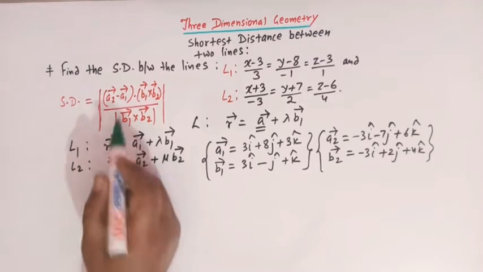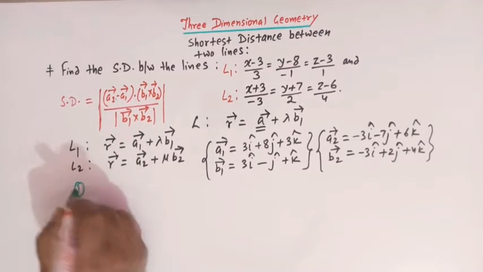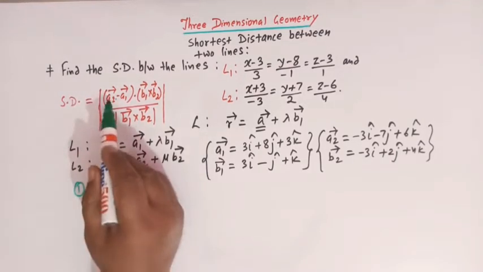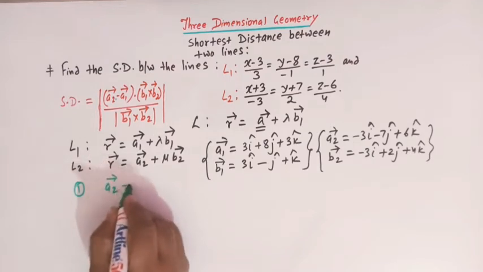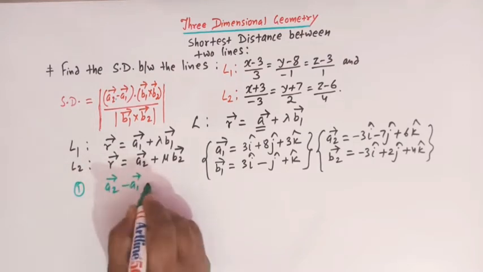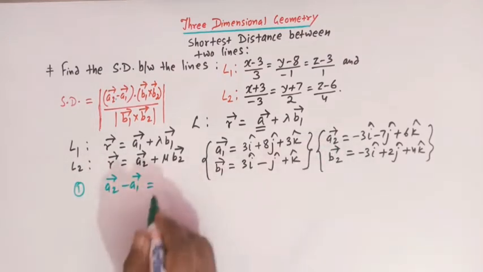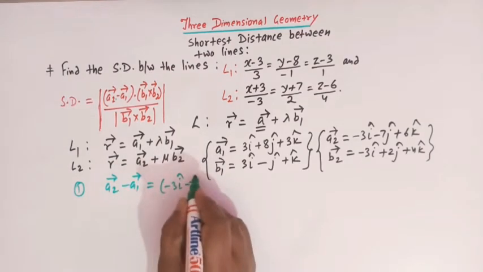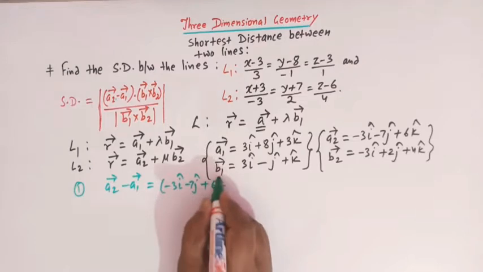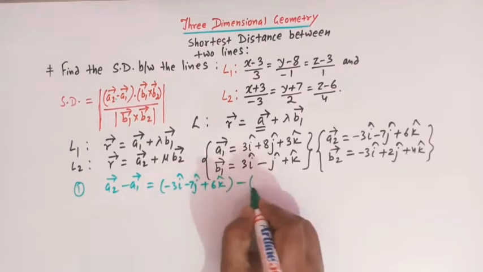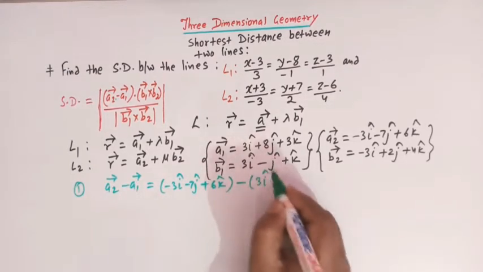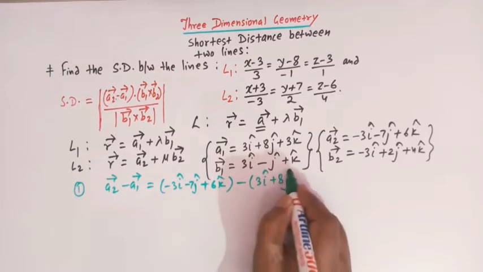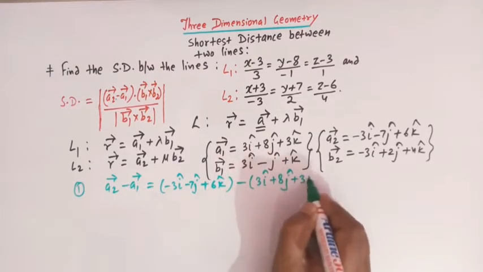So now viewers, let us first find out this quantity, that is a2 minus a1, right? Here we have a2 is minus 3i cap minus 7j cap plus 6k cap, and here we have minus 3i cap plus 8j cap plus 3k cap.